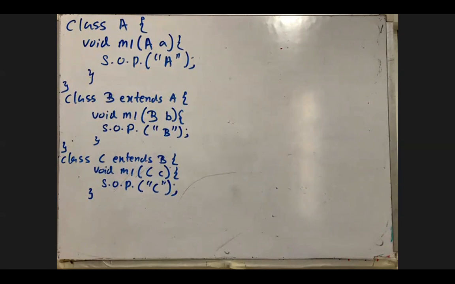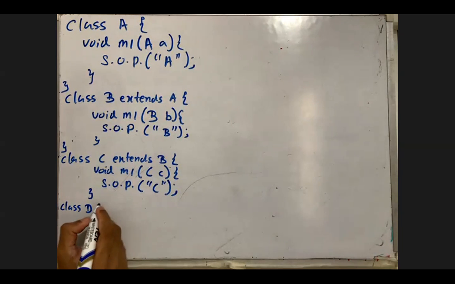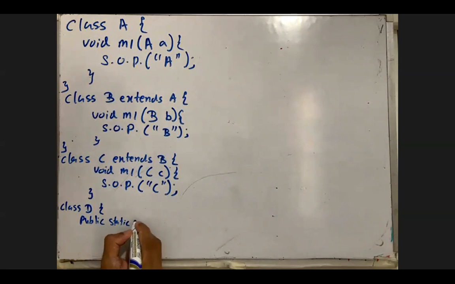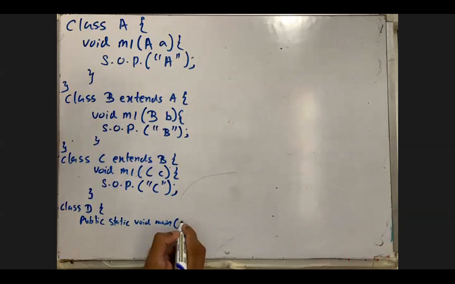After that, class D. Class D has the public static void main, String args.